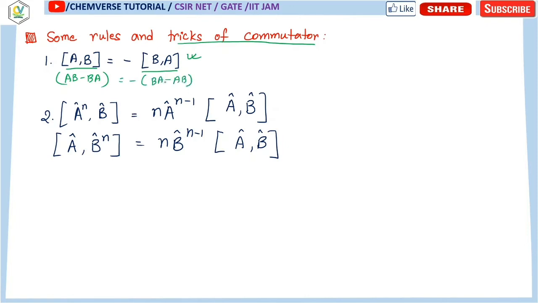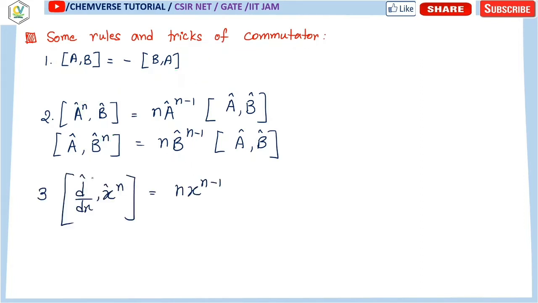This BA minus AB can be represented in the form of the commutator [B, A]. So that is why I can say that the commutator [A, B] is nothing but minus the commutator [B, A]. Now if the power n is over A, this is nothing but n A^(n-1) into the commutator [A, B], and if the power is present over B, then we will operate it in the same way.